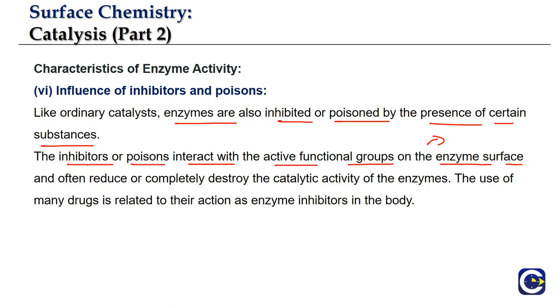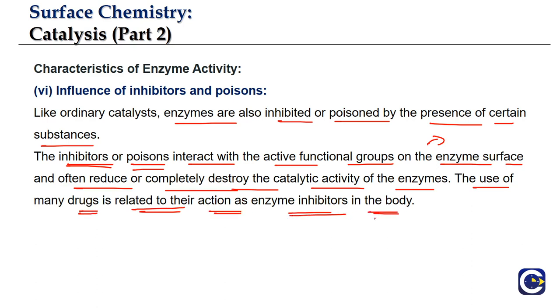What these inhibitors or poisons will do is they'll often reduce or completely destroy the catalytic activity of the enzymes by engaging with these functional groups. Like if you have the use of drugs, generally this is related to the action as an enzyme inhibitor in the body.